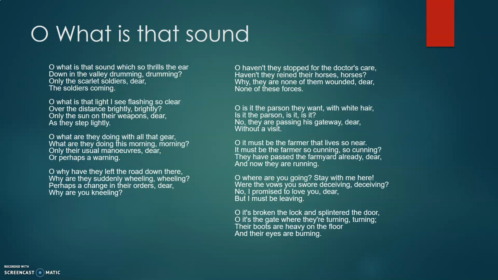Also, you could work with imagery. So go back to your thesis, and maybe this is another paragraph. Duplicity is delivered in the poem with the use of imagery. As simple as that, you have a topic sentence. And now you begin to discuss how duplicity is presented with imagery.